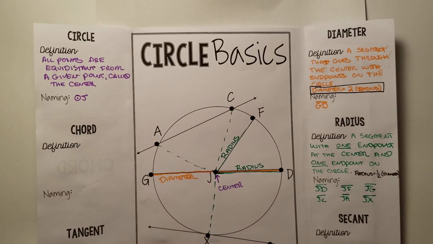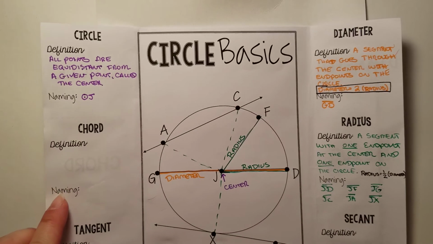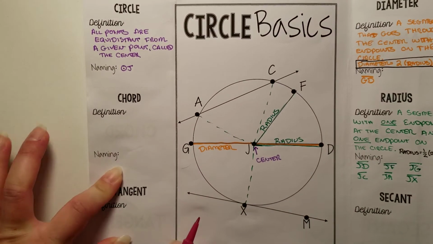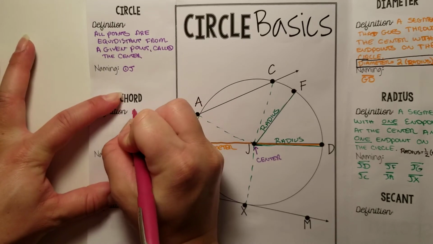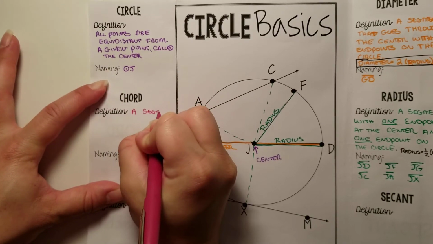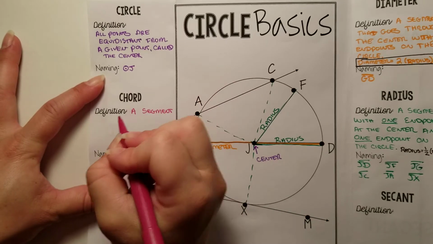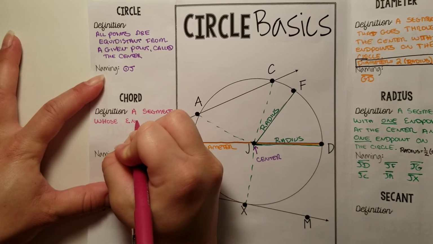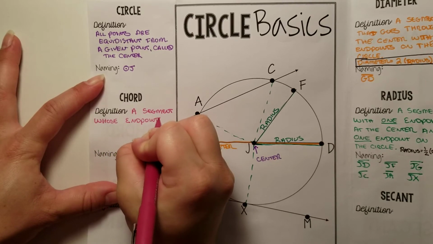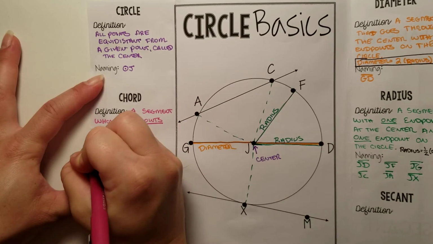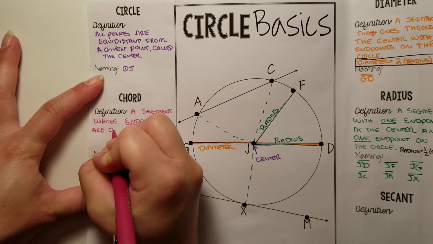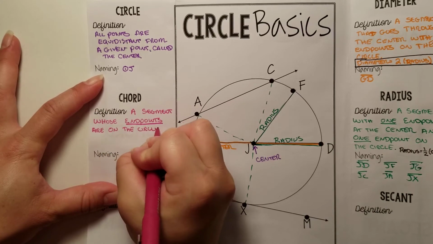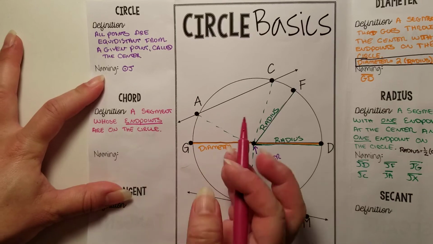The next one we're going to look at is the chord. And so the definition of a chord is a segment whose endpoints are on the circle. So it's important to note with the chord, both endpoints are on the circle.